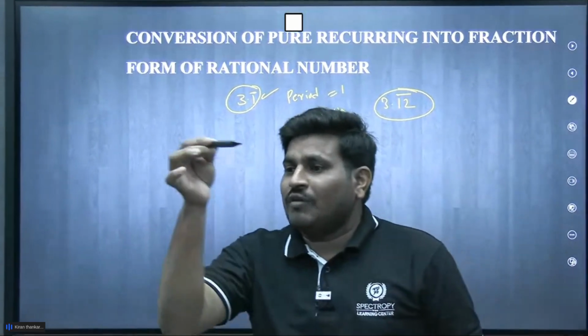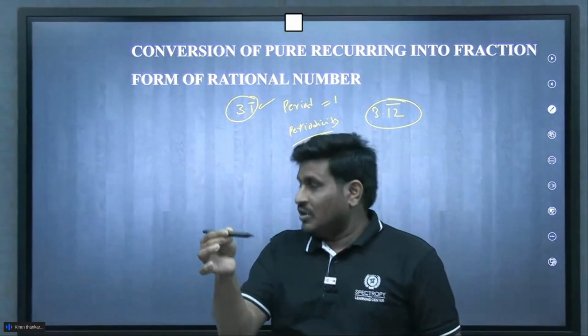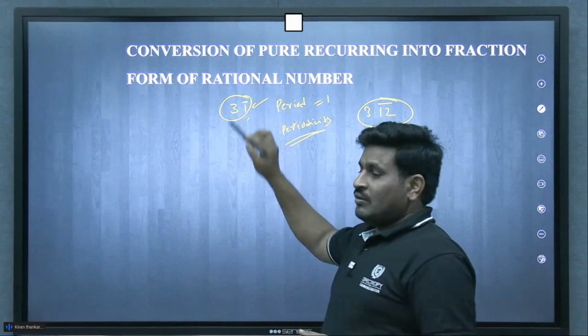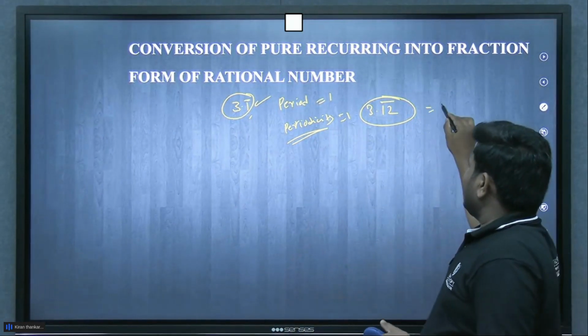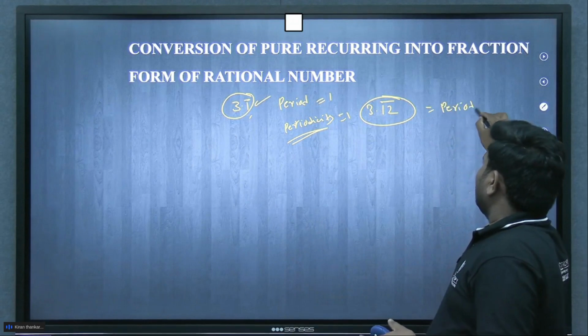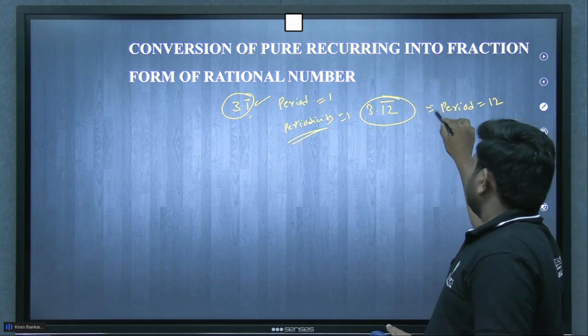Periodicity means the number of digits under the bar. How many numbers are there? Only 1. So the period is 1, 2 in the other example, and the periodicity is 1.